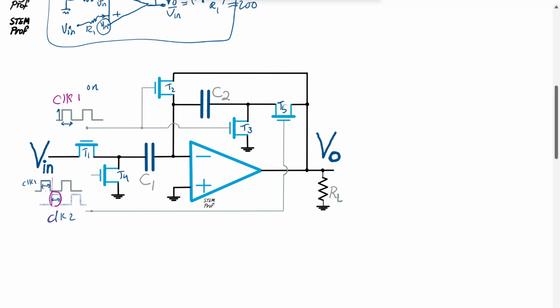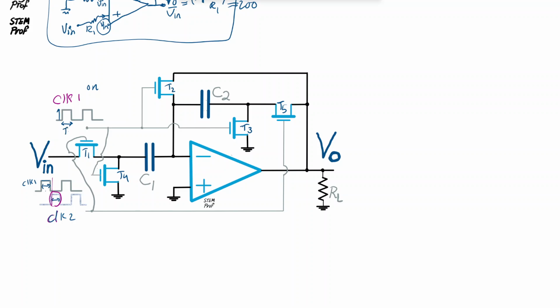Now what I'm going to do is connect T4 to clock 1 and the gate of T1 to clock 2. So just a simple change, basically swapping the clocks applied to the gates of T1 and T4. See what's going to happen now.